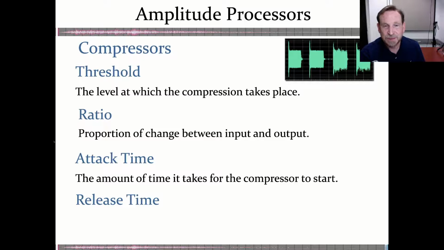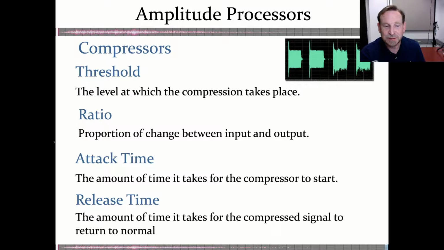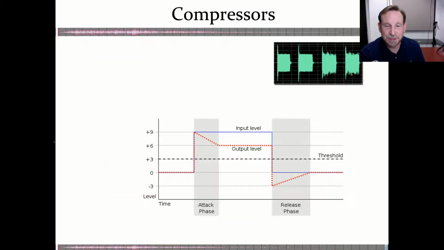I'm going to give you a little example here so that you can see what's going on. The next image here is a graph that I'd like you to pay attention to really quickly. Let's look at the parts of it first. We've got the gray or black dashed line. That's indicated as the threshold. So in this case, the threshold is set at +3.